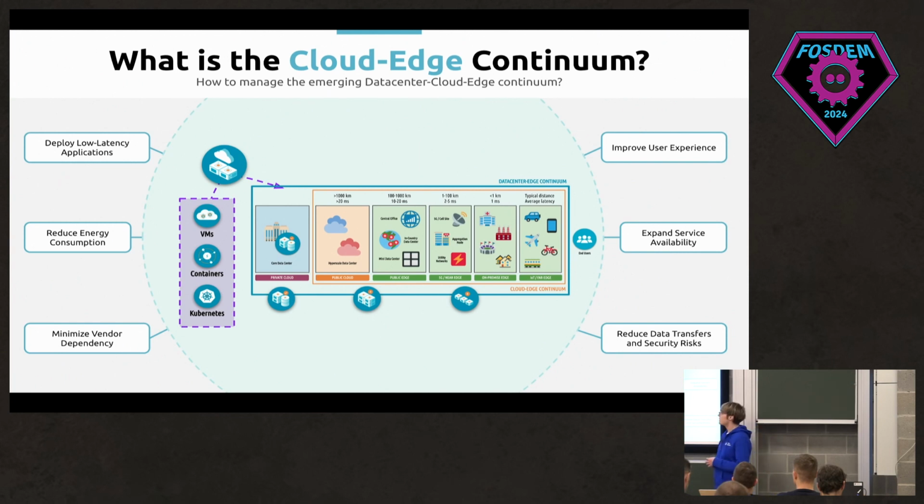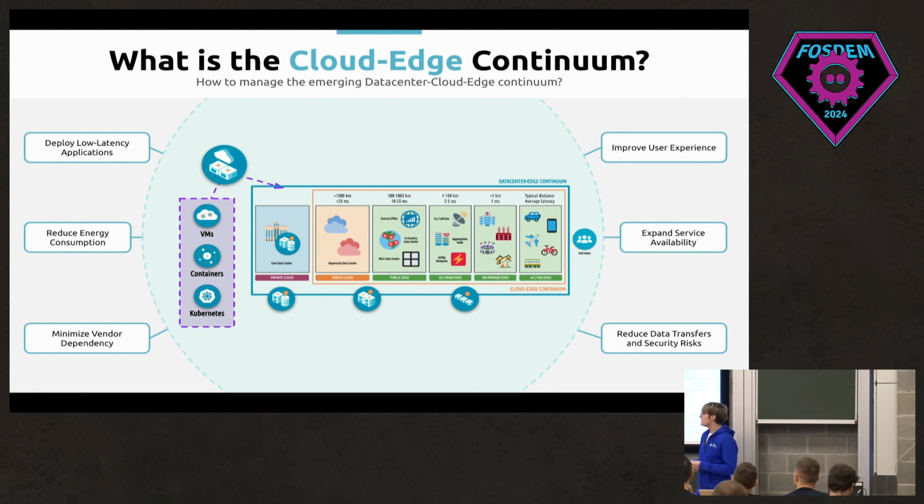Some advantages of the Cloud-Edge Continuum are the deployment of low latency applications. Since we are deploying our application near and closely to the final user, we can also reduce the energy consumption that our application does, since we are deploying the application in a small data center and not in a big one.